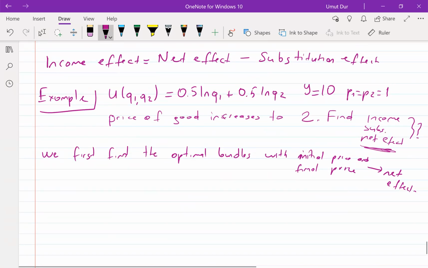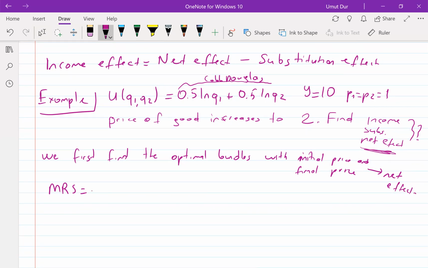So let's do that. This is in fact the Cobb-Douglas utility function. I'm just writing the Cobb-Douglas utility function using ln, logarithm, instead of q1 to the 0.5, q2 to the 0.5. When we have a Cobb-Douglas utility function, it is differentiable, and I can find the optimum bundle by looking at the tangency point.